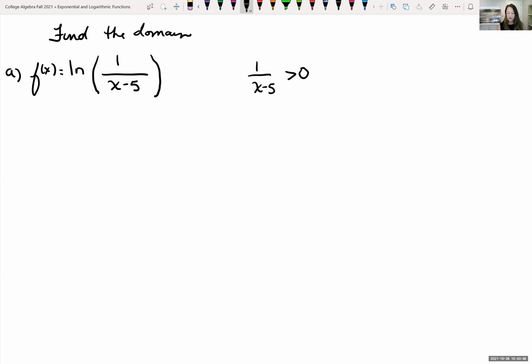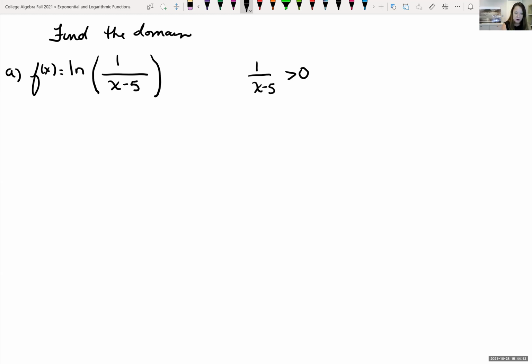Okay, so we learned how to do this in the last chapter, solving rational inequalities. We get the fraction to one side of the inequality, greater than 0. We write it as a single fraction. That's all done for us. We find our critical values if we're going to do this algebraically, or we could graph this. Either way.